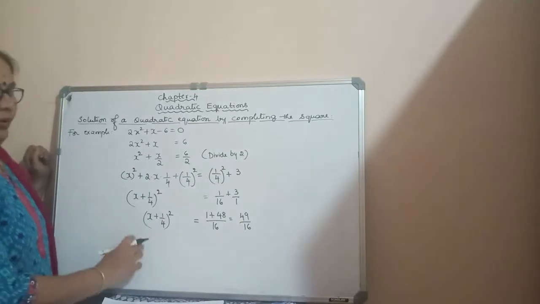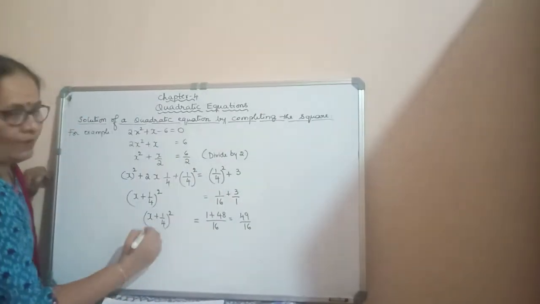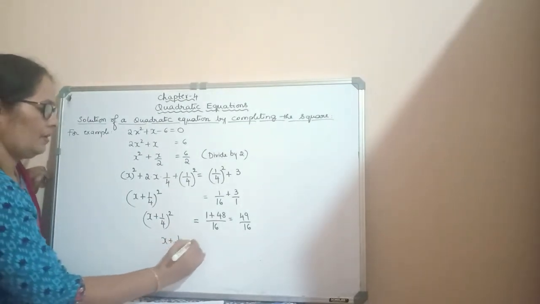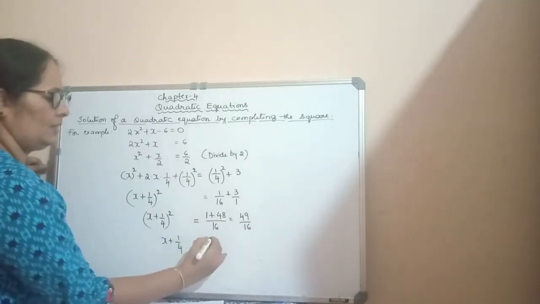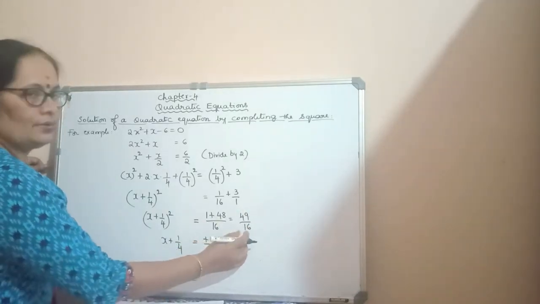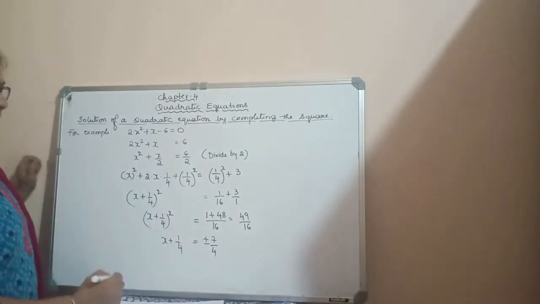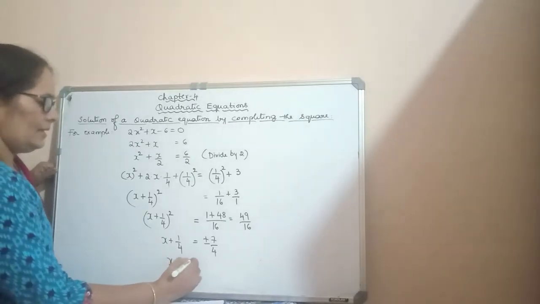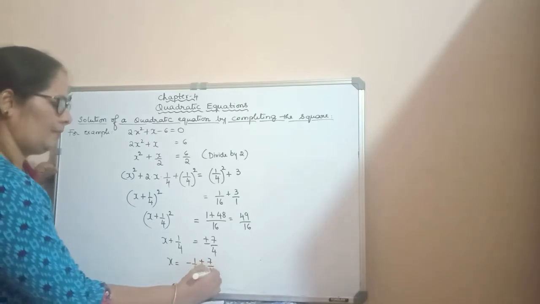Now take the square root on both the sides. So if you take the square root on both sides, what will you get here? x plus 1 by 4 equals plus or minus root of 49 is 7, and root of 16 is 4. Now you can find the x value. So x equals minus 1 by 4 plus or minus 7 by 4.